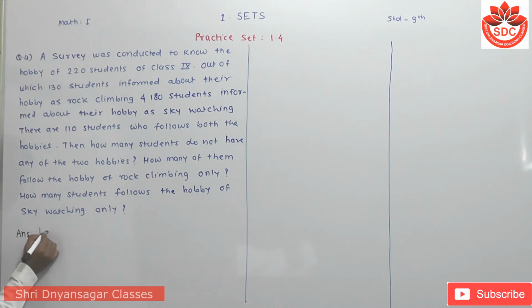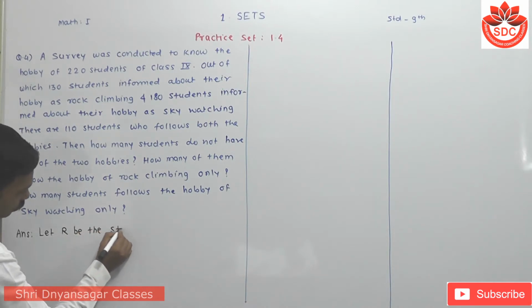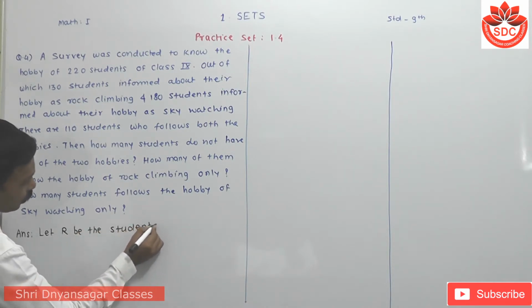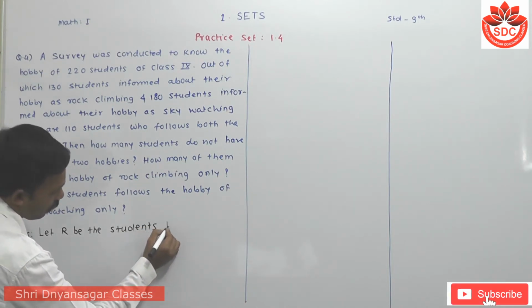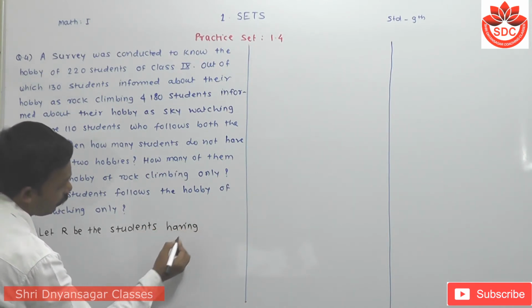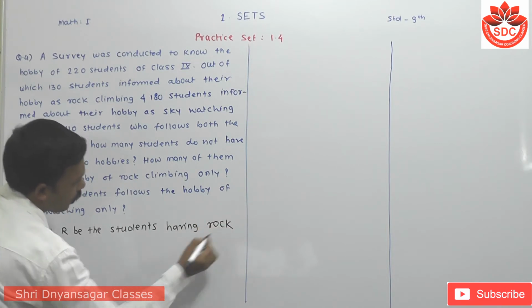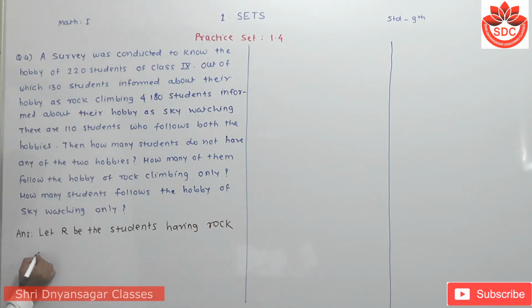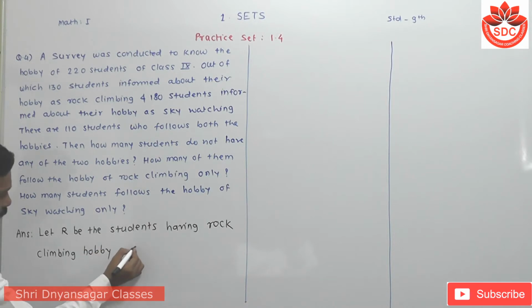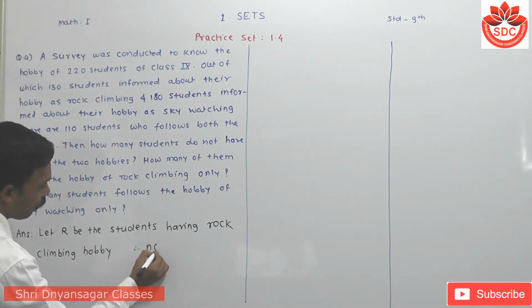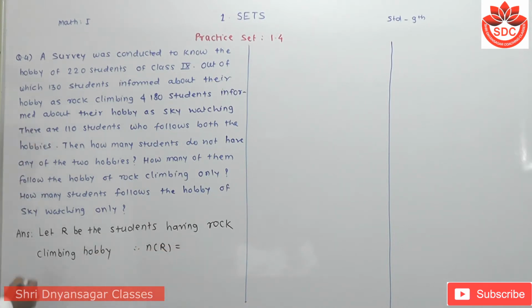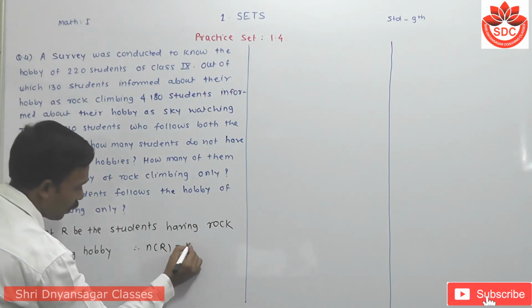Let R be the students having rock climbing hobby. Therefore, n(R) is here how much? 130.